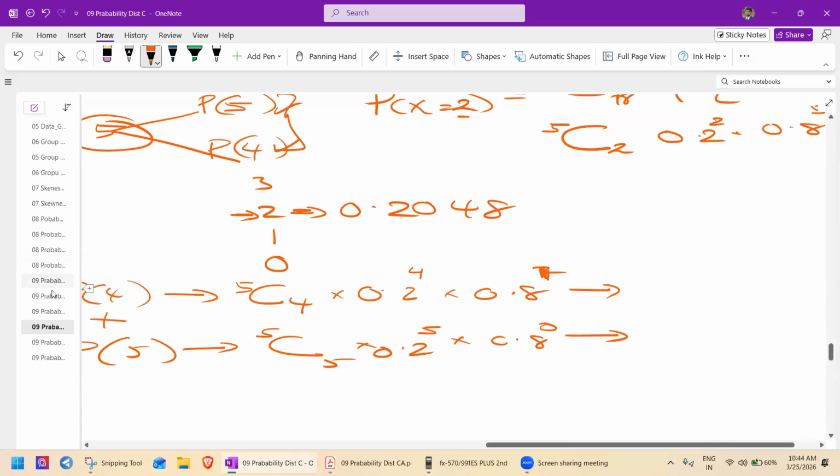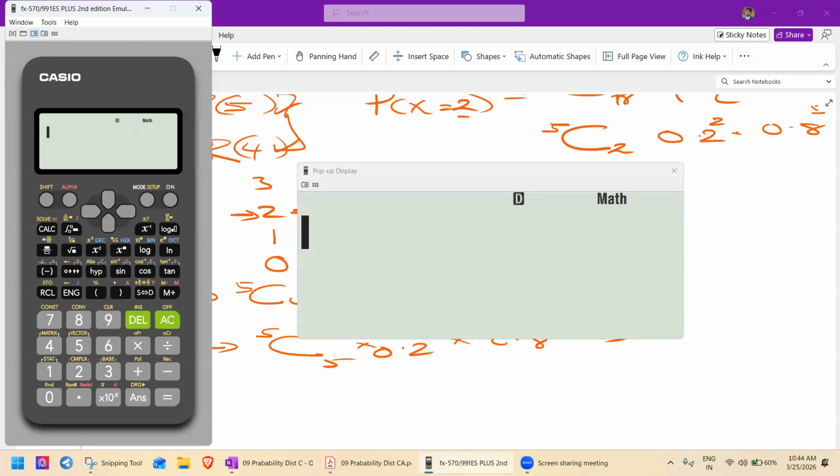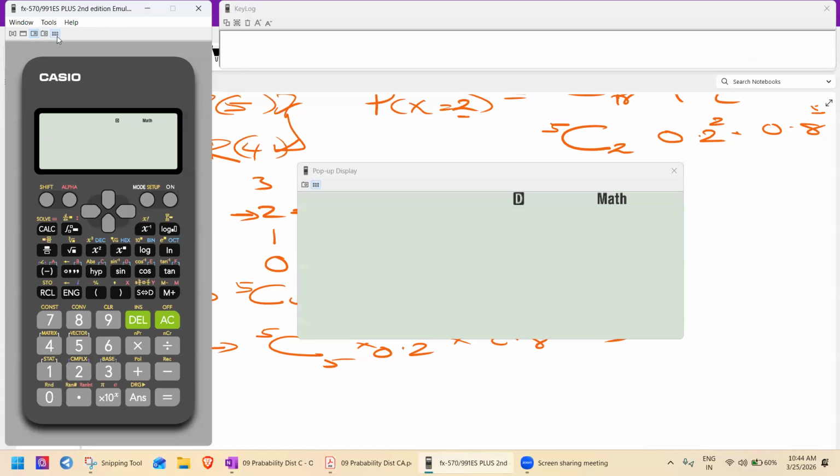I use the calculator. If you want, I can display it, and if you want, I can show you.